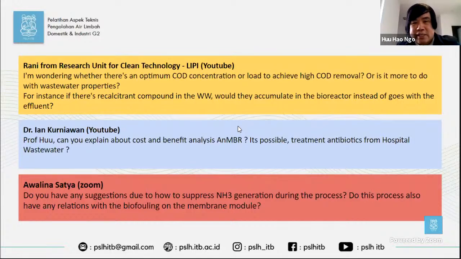All right. Now the second part: if there are recalcitrant compounds in the wastewater, would they accumulate in the bioreactor instead of going with the effluent? For this one, I can say that definitely some will accumulate in the bioreactor. But the question is how they accumulate.